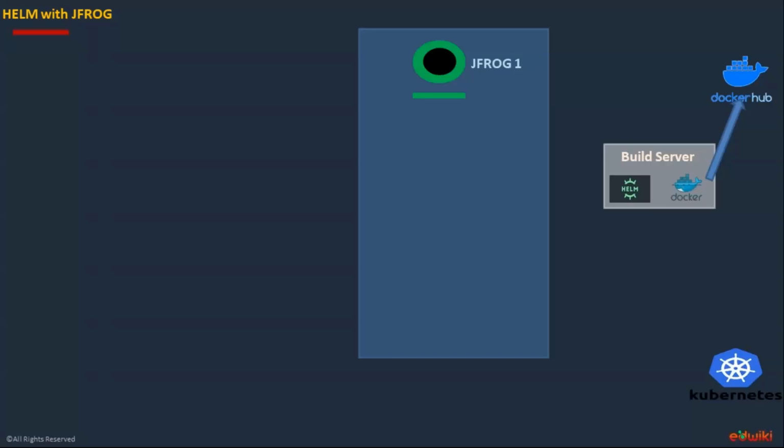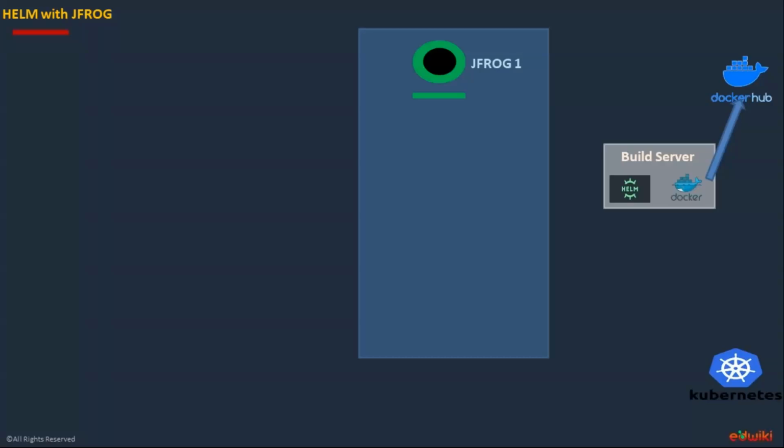The way you are keeping your Docker images in the Docker Hub, same way all the Helm charts that you are creating, that you are uploading to a JFrog server, JFrog is going to store them. So once you prepare a Helm chart in the build server and upload the Helm chart to the JFrog, later you just destroy your build server.